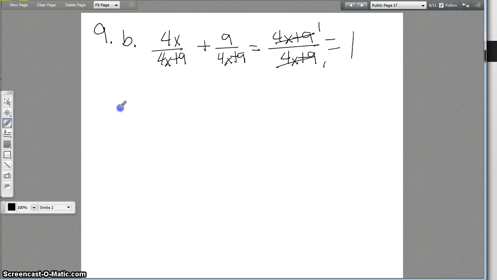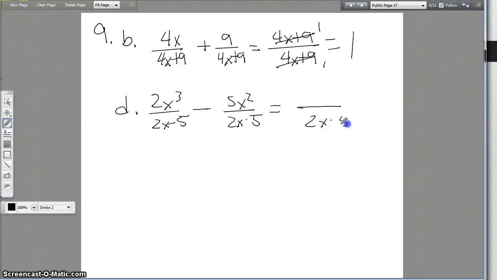So now let's look at part D, which is 2x³ over 2x - 5 minus 5x² over 2x - 5. We have a common denominator, which is 2x - 5. And then in the numerator, we have 2x³ - 5x².